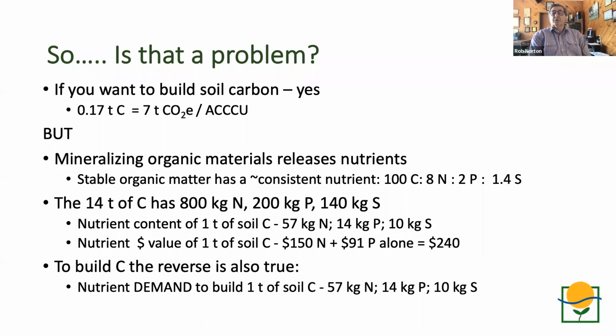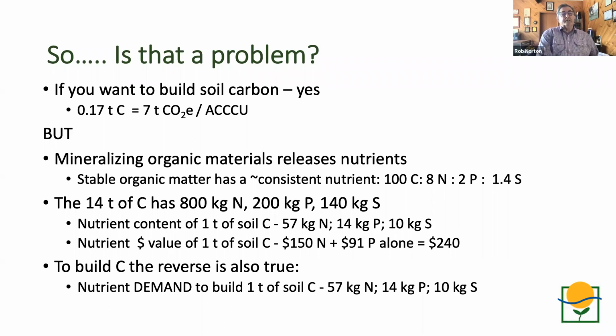And you probably see where I'm going with this, that the dollar value of the nutrients in that 1 tonne of carbon is 150 for nitrogen, given $3 a kilo for nitrogen, maybe $7 for phosphorus at the moment. Who knows what it'll be tomorrow. So each tonne of carbon has a nutrient value of about $240.